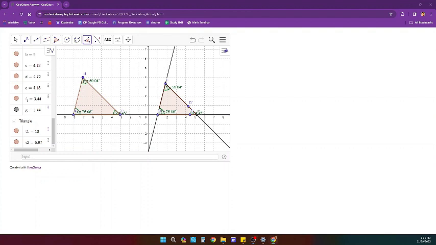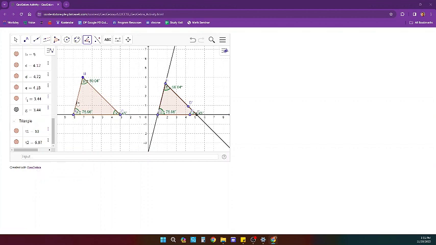Part C asks us to compare the shapes and angle measures of triangle ABC and triangle DEF. So, looking at the triangles, the angles are equal to one another. They have corresponding angles. A corresponds to D, B corresponds to E, and C corresponds to F. So the angles are equal in both triangles.